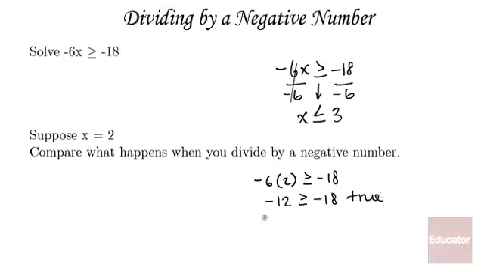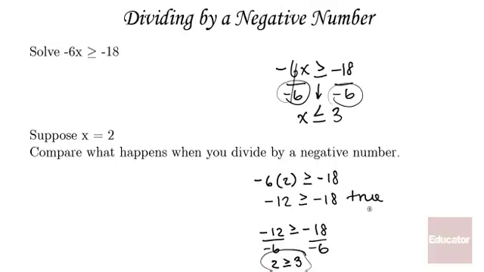Now let's say that I took the negative 12 and I were to divide by negative 6, as I did above here. But this time I'm not going to reverse the inequality sign. And let's see if it still holds true. Negative 12 divided by negative 6 is a positive 2. And negative 18 divided by a negative 6 is a positive 3. Now as you see, I did not reverse the sign here. So it's no longer true. It's now false. 2 is not greater than or equal to 3.